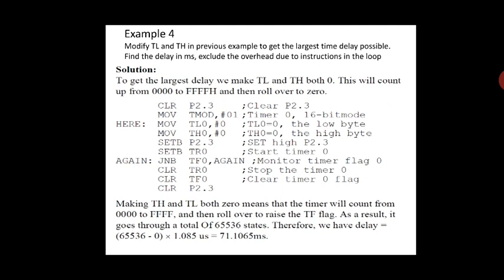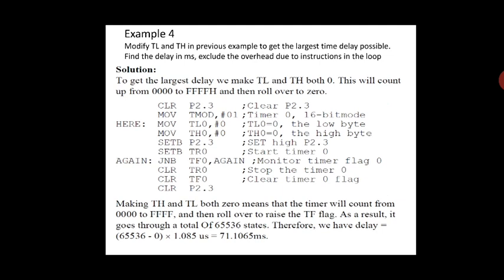FFFF. After FFFF, again where will it come? Again it will come to 0000. As in the example, 50 to 100, again 100, it will come to 50. If I set 75 to 100, 100 to 75. If I set 0, from where will it start? 0 to 100, and again where will it come back? 0. I hope this concept will be clear.